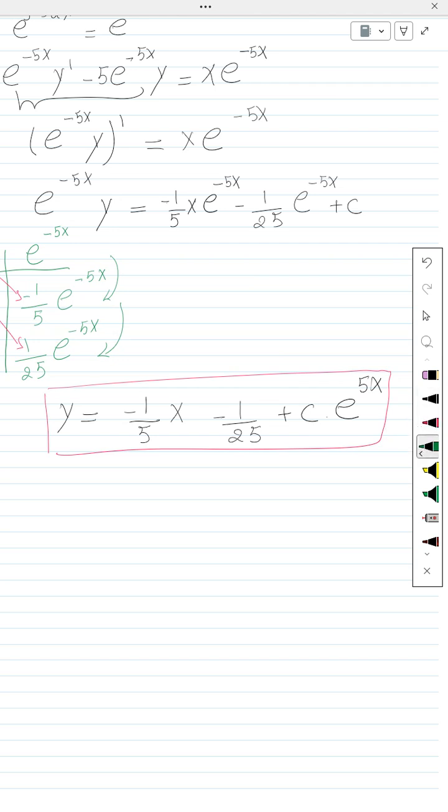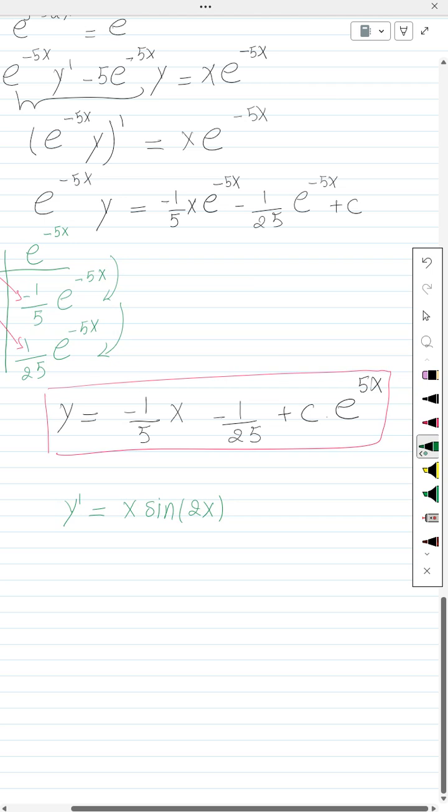It says y prime is going to be equal to x sine 2x plus y tangent x, and I will give you a hint. Sine of 2x is going to be equal to 2 sine x cosine x.